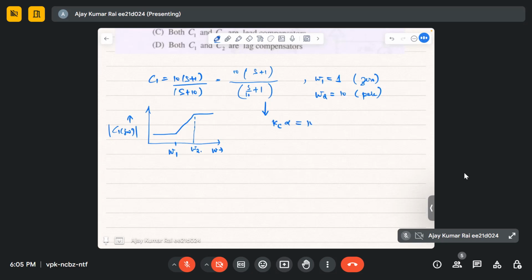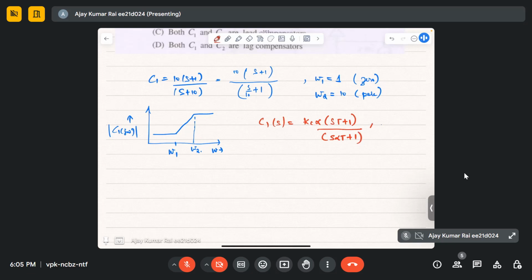Kc alpha is equal to 10 and 1 by T is equal to 1. Let me write the generic transfer function here for C1, that we have studied, right?